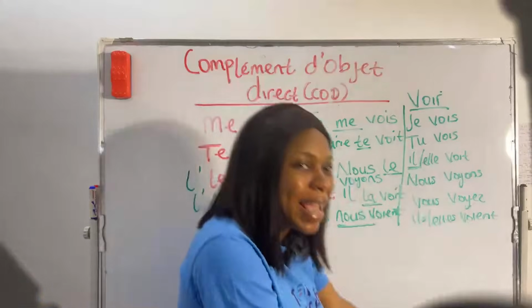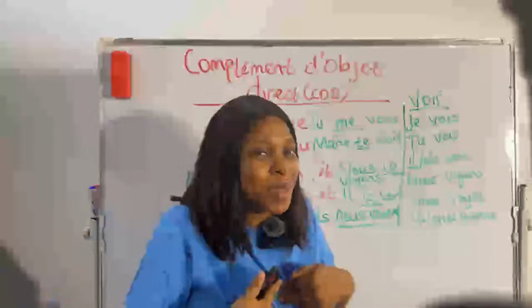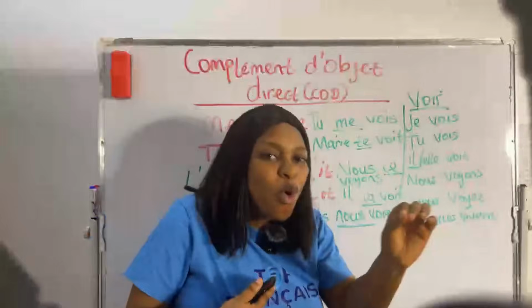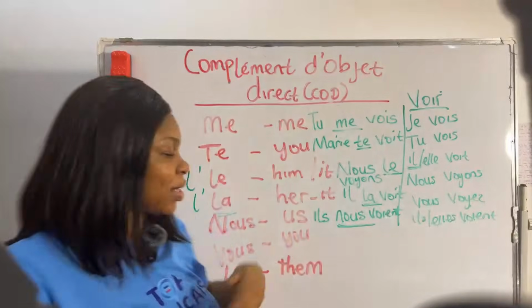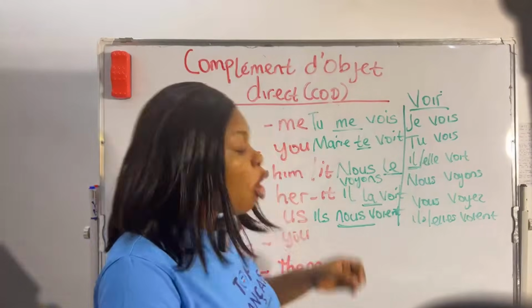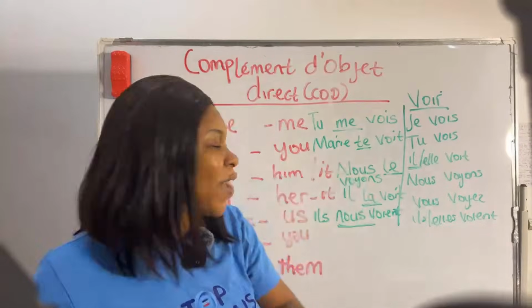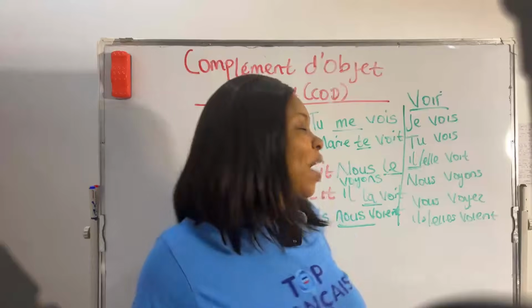Our subject is they. Who are they seeing? Us, the COD. Don't forget at the beginning of the topic, COD responds to who and what. So who are they seeing? Us. That's our COD. You see that now? And of course, don't forget, we always conjugate our verb according to the subject. Very good. We are doing well.